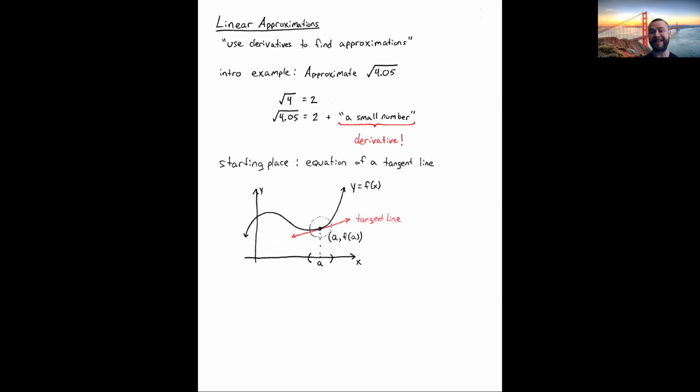Now, the key idea with how linearizations or linear approximations work is if we look just around that point, notice we circled a small portion of the graph right around that point. On the x-axis there, you have some values that are close to a. If we stay within that small portion of x values near that point, the tangent line and graph are pretty close together.